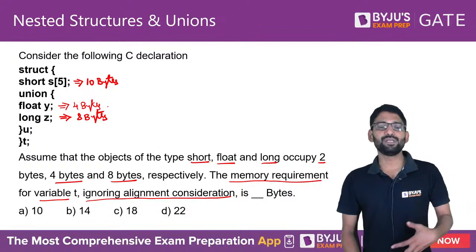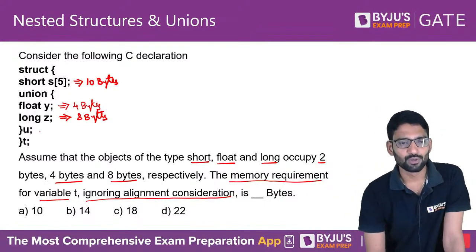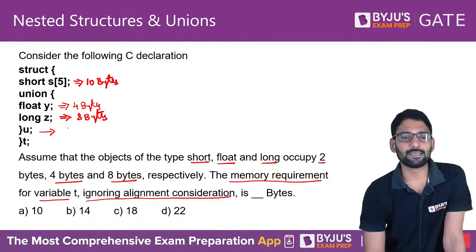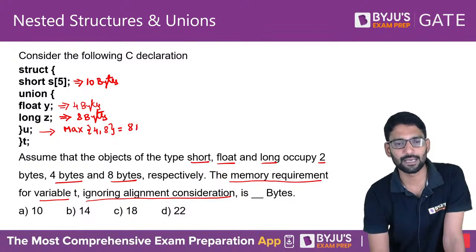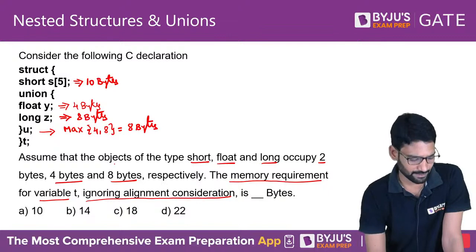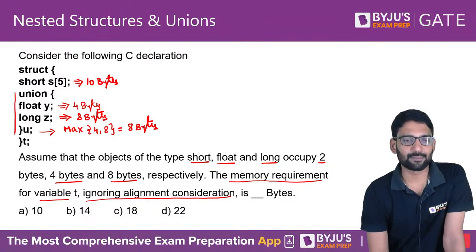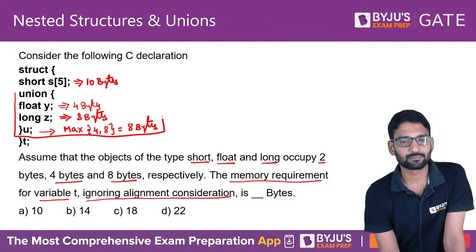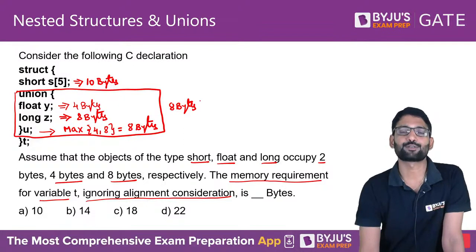Now this union has only one variable, that is u. You know, a union gives size equal to the max of its members' size, that is max of 4 and 8, 8 bytes. As it is only one variable, union size and its variable size would be the same, that is 8 bytes.